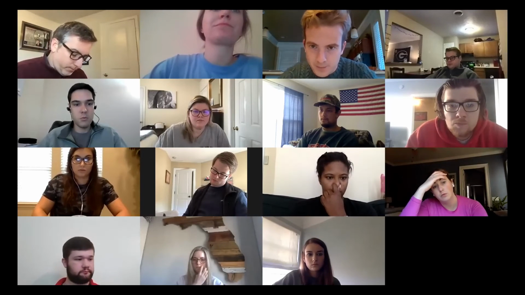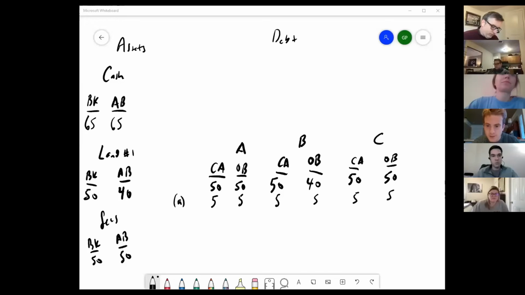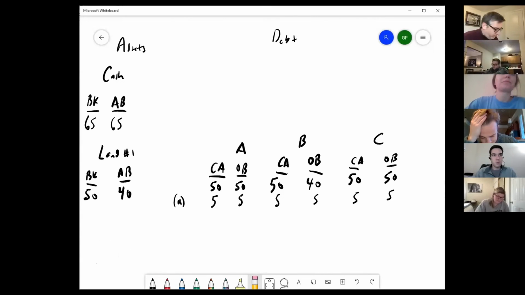Nothing really happens with the securities. We sell it for 50. There's no book gain and no tax gain because the book value and the tax basis are 50. So all that happens there is the securities come off the books and our cash goes up to 115.